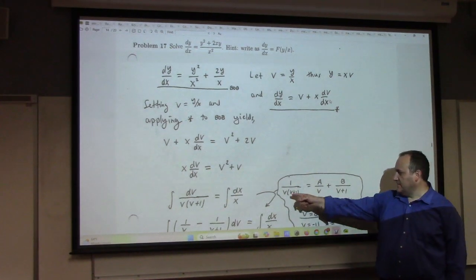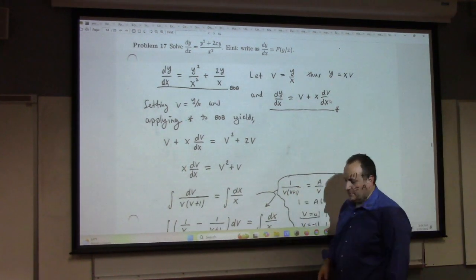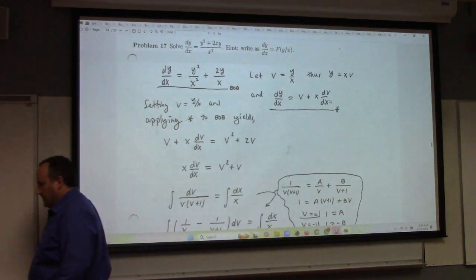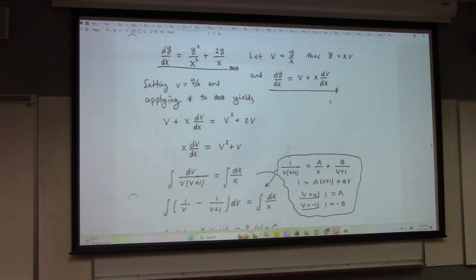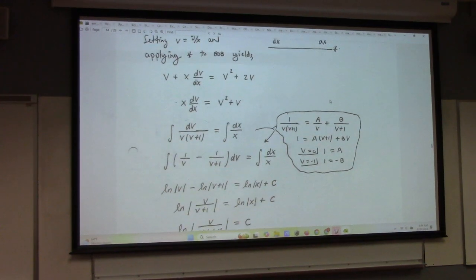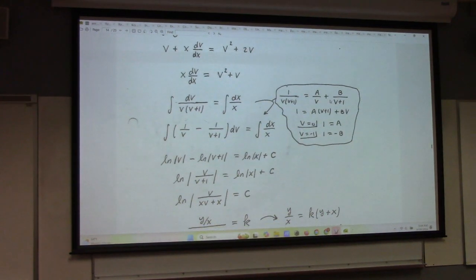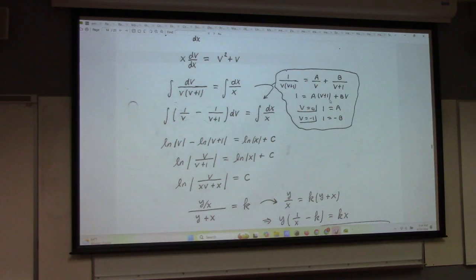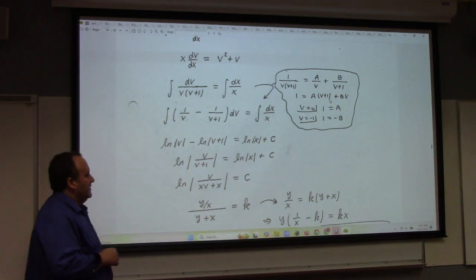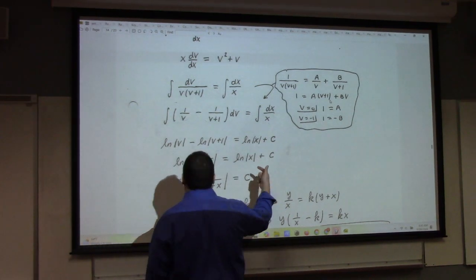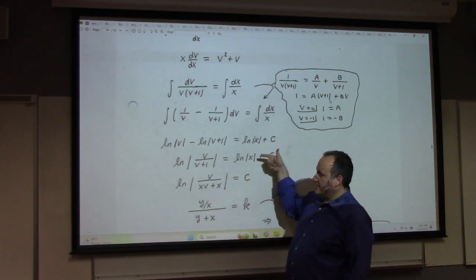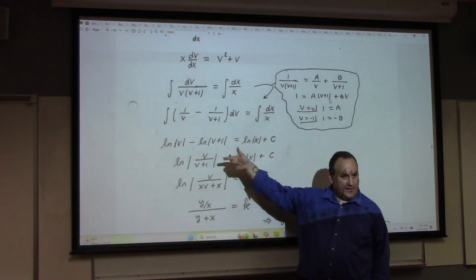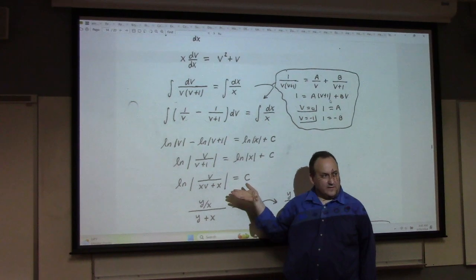There's some partial fractions to do here, which you know from Calc 2. It shouldn't be too much trouble. And so I do that. To make my life easier, I should bring x to the other side. If I subtract the natural log to the other side, that has the effect of dividing the quotient by x.